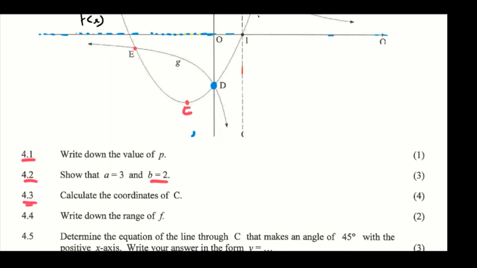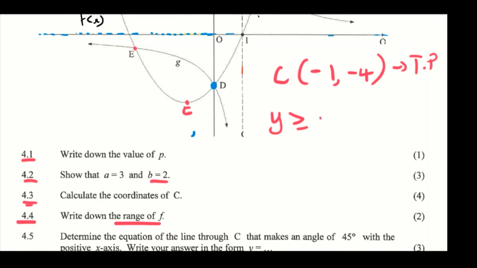We're going to write down the range. 4.4 wants us to write down the range of f. So C, remember, is minus 1, minus 4. So this is the turning point, TP. And to find the range, you say y is greater than or equal to the y value of your turning point, which in this case is minus 4. So that's how you write down your range.